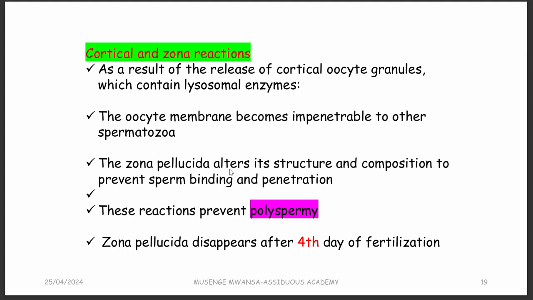The zona pellucida alters its structure and composition to prevent other sperms from entering, and that prevents polyspermy. The zona pellucida is actually going to disappear on the fourth day of fertilization.